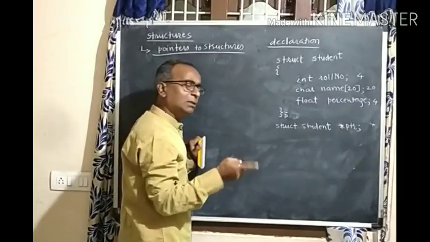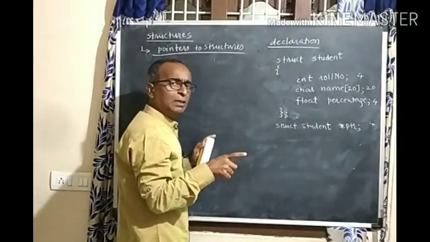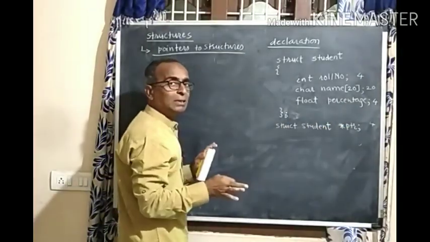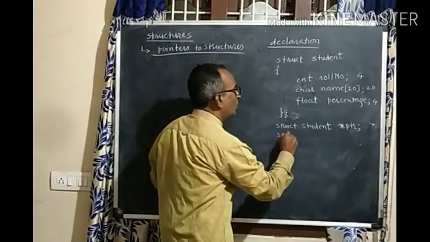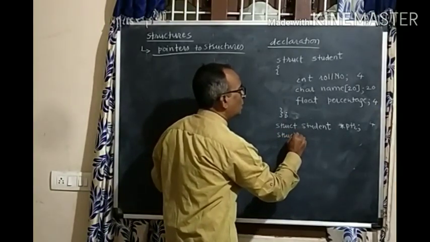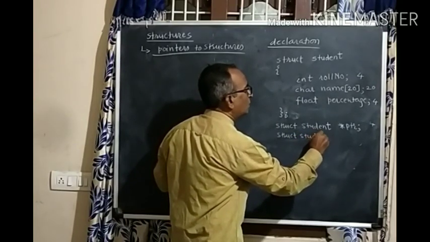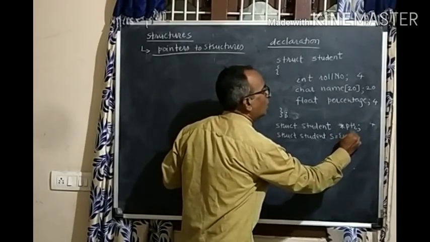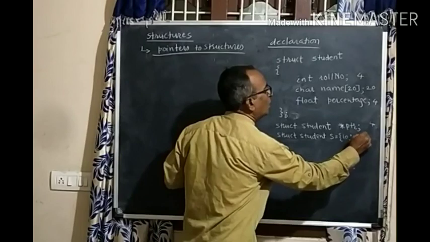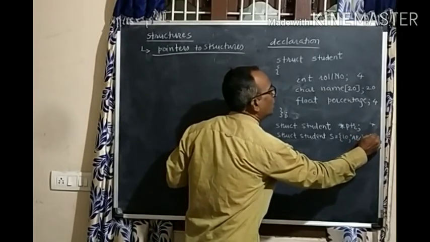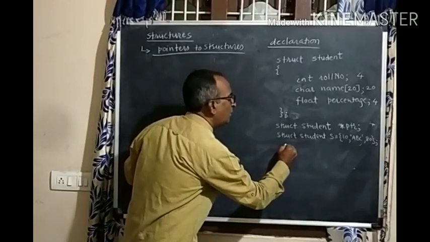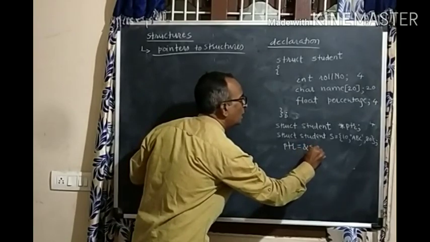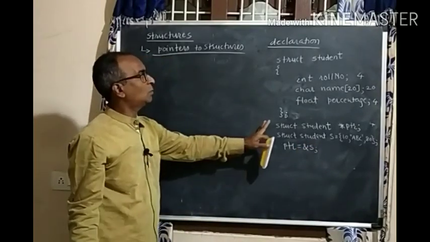Let it be an integer pointer. The size of that pointer variable will be the same. So this pointer may point somewhere, yet we have not initialized that. Now I have one variable, struct student S, which I am initializing with 10, ABC, 80. And if I give ptr equal to address of S, then by this what is happening?